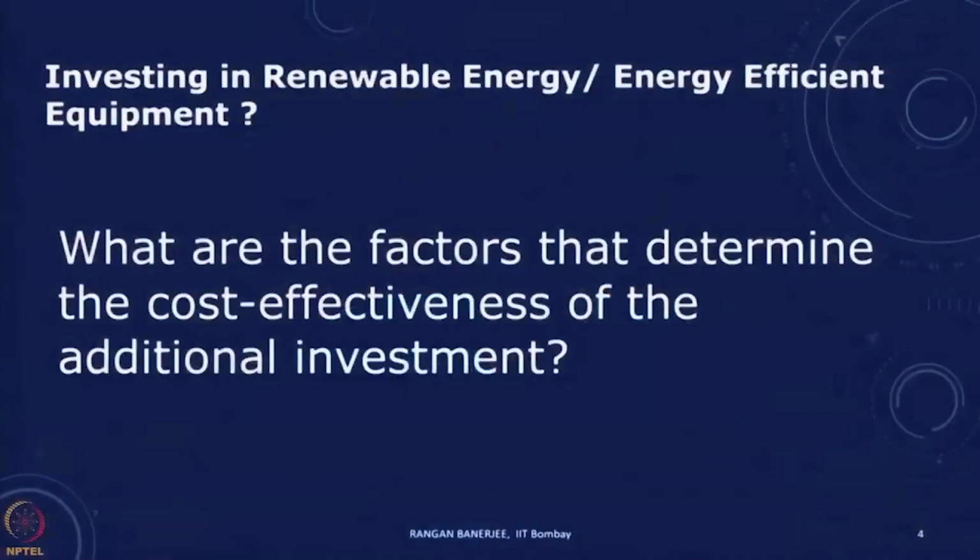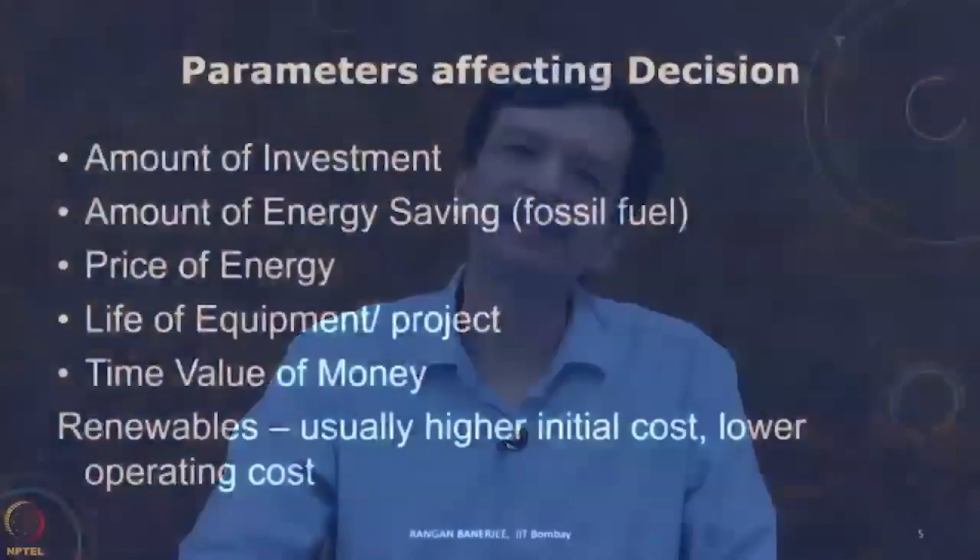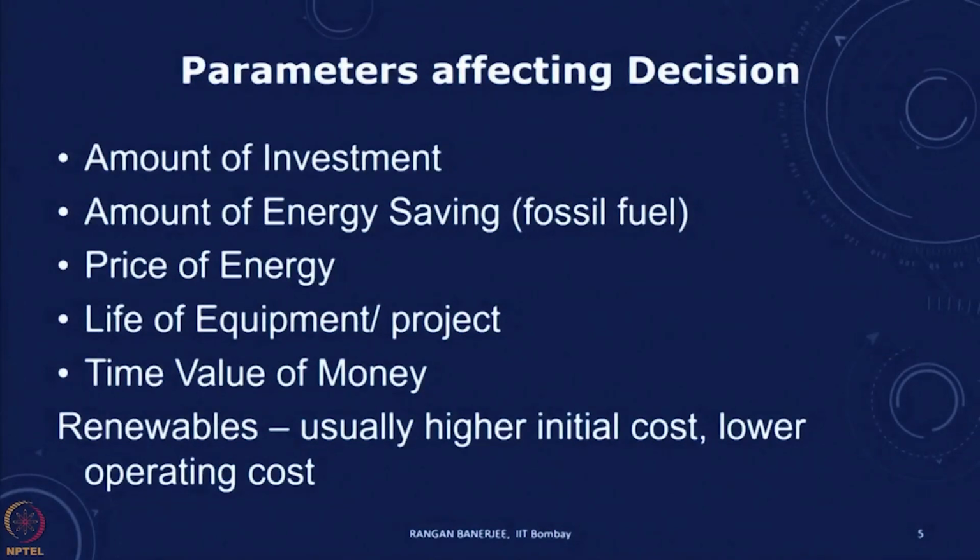So, let us look at what are the factors which determine the cost effectiveness of an additional investment. We are looking at something where we are putting in a waste heat recovery boiler or a variable speed drive, an energy efficient equipment. On what basis should we decide whether it is cost effective? There are many different parameters which we will consider. One of the parameters which affects the decision is the amount of investment.